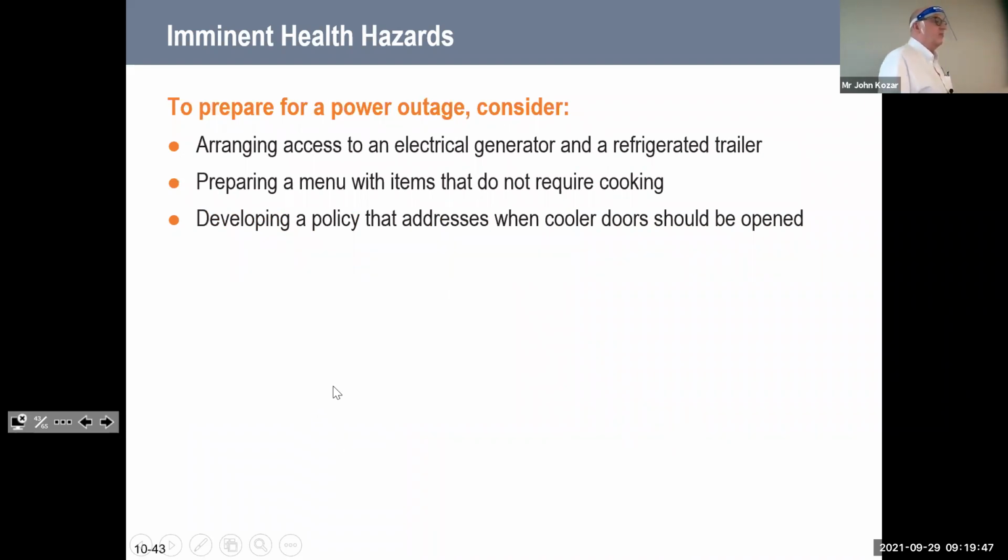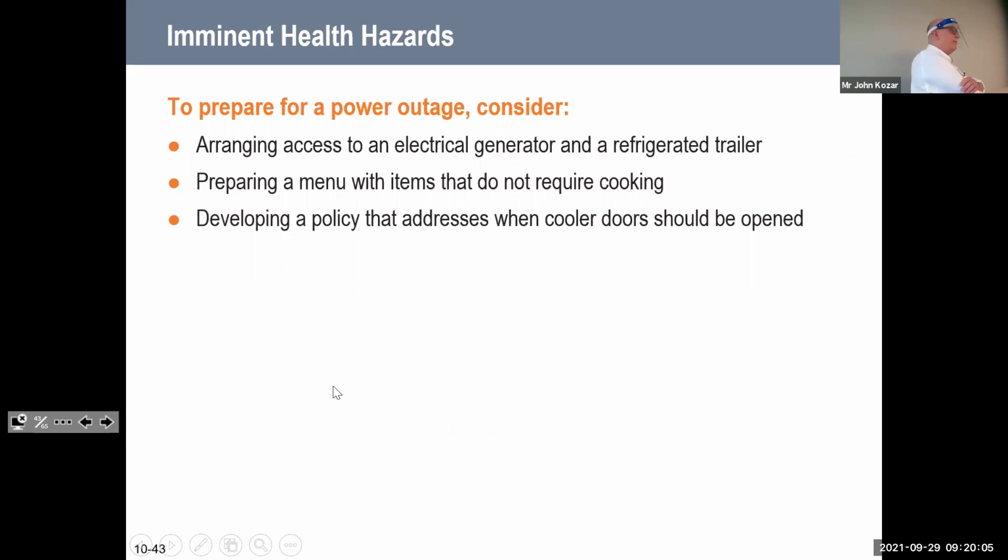Some of the imminent health hazards include a power outage. So you consider having a backup generator that automatically comes on and makes sure that your coolers and freezers still work.